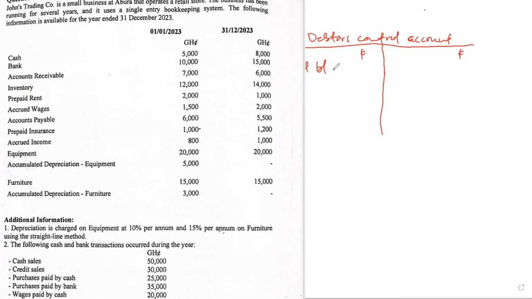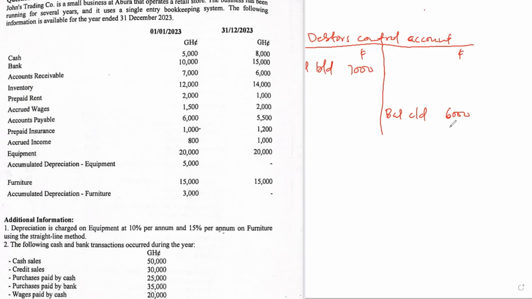So balance brought down is 7,000. And if the opening balance is on the debit side, the closing balance will be on the credit side. So balance carried down is 6,000.